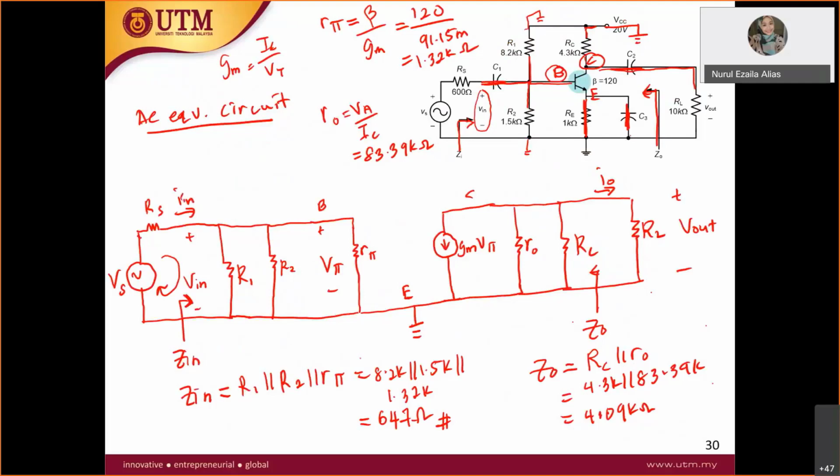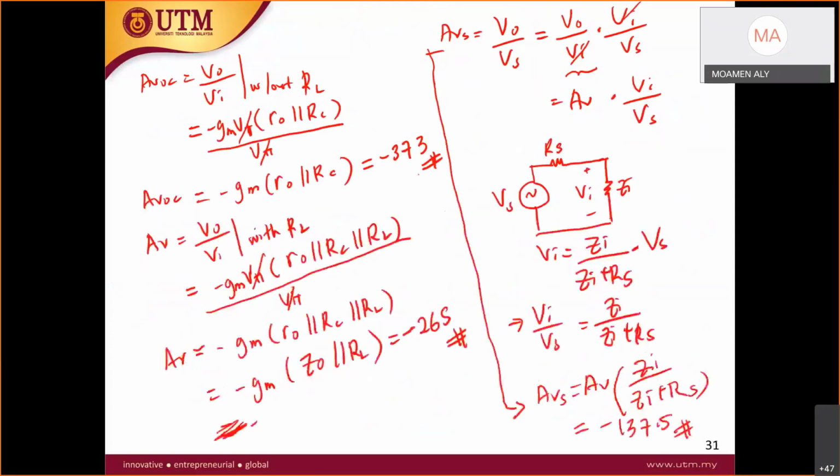So if you want to find I out, what is I out? Someone? V out over RL. Yes, V out over RL.